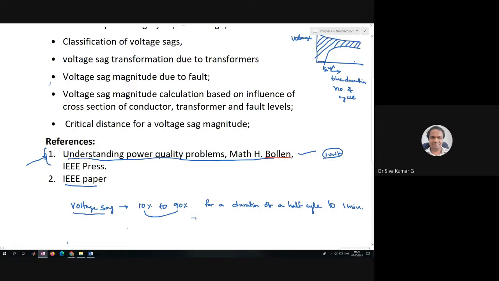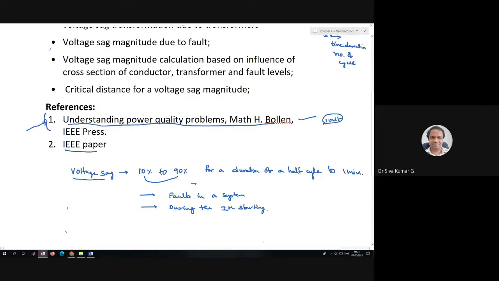These kinds of voltage sag occur in a system because of faults in the system, and during induction motor starting also, it creates the voltage sag.